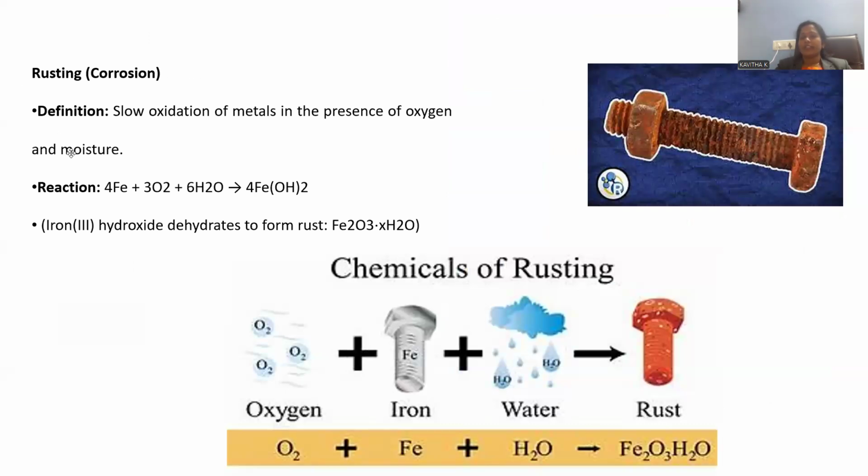Let's go with another natural phenomenon involving the oxidation process, rusting, which is also called corrosion, right? Most of the metallic devices, not all, are made of iron or its alloy forms. You may take any kind of industrial machinery, transportation devices, industrial containers, and household devices.